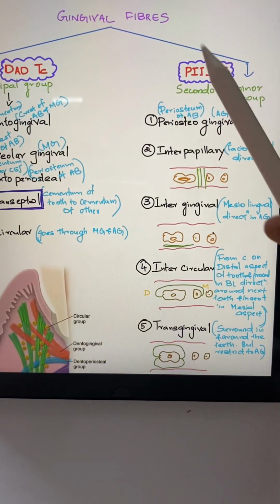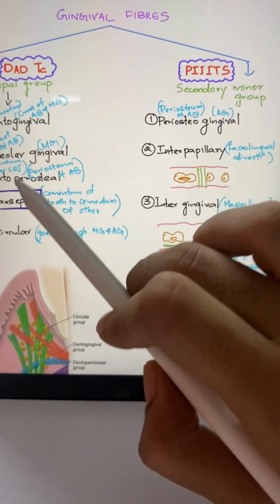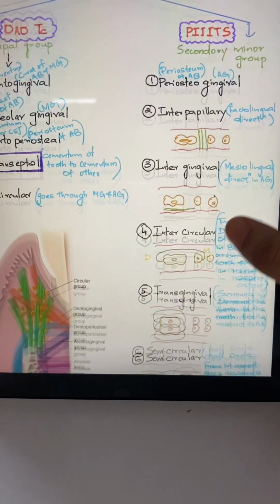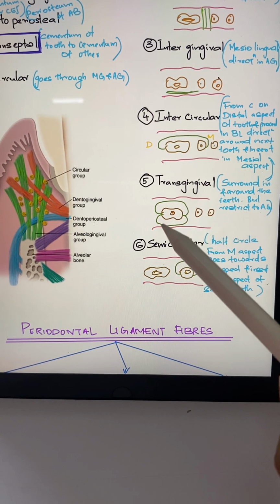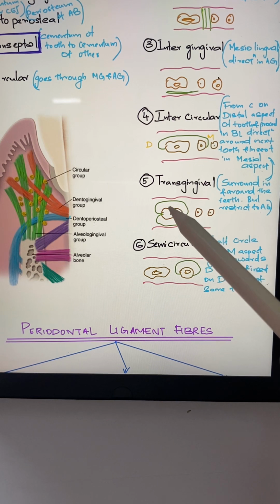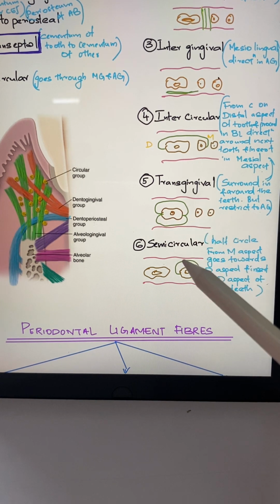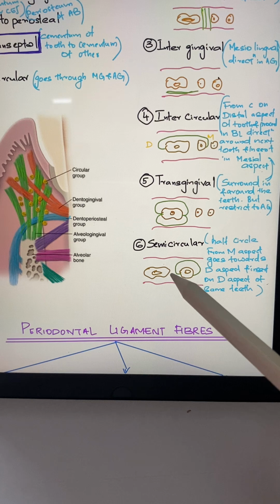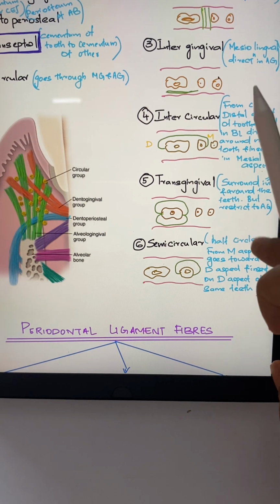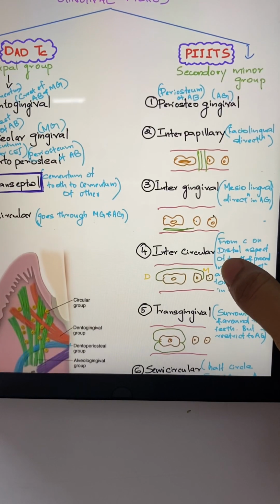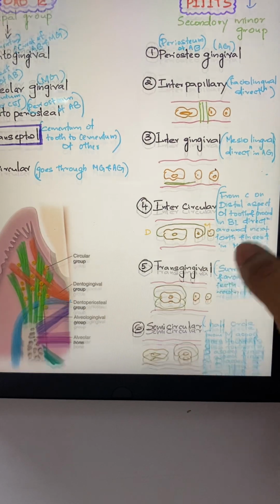This T is different from this T. This T is transeptal and this T is transgingival, which means these fibers surround in and around the teeth but are restricted to the attached gingiva. And next is semicircular, which means half circle. They pass from the mesial aspect and go towards the distal aspect and insert on the distal aspect of the same tooth. So this is about the secondary minor gingival groups.